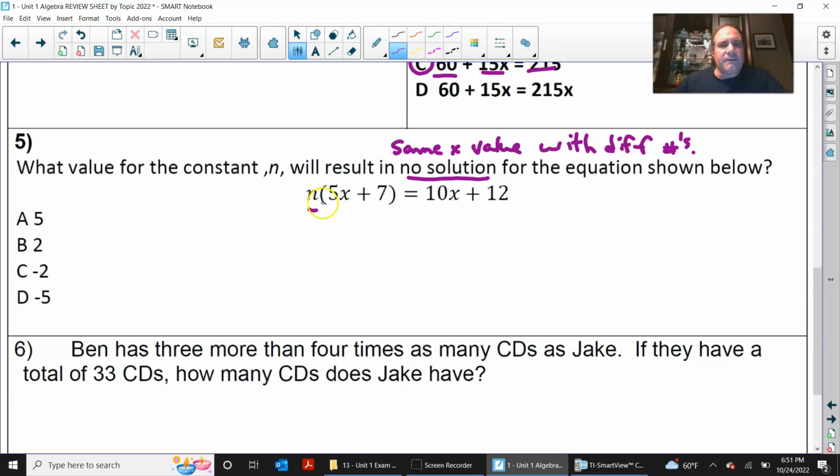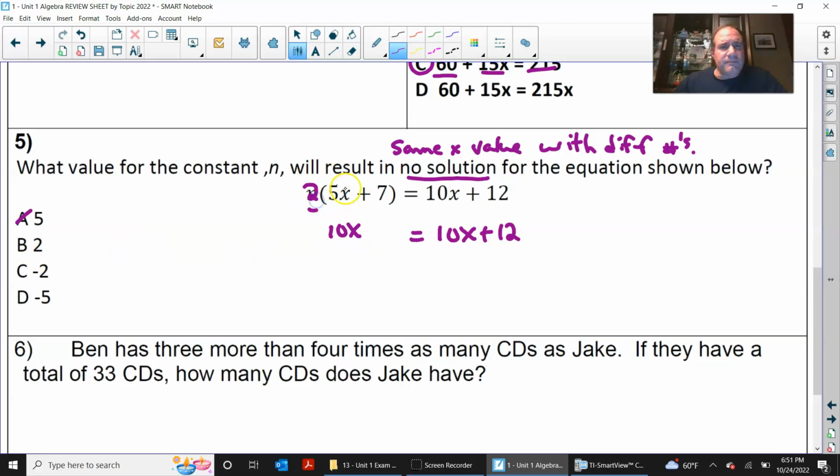All right, so this side right here is 10x plus 12. This side has to be 10x, and we don't know whatever makes this 10x, that's probably going to work. So 5 times 5, that's 25x. So the x's would be different, so that means it would be one solution. So this is out.